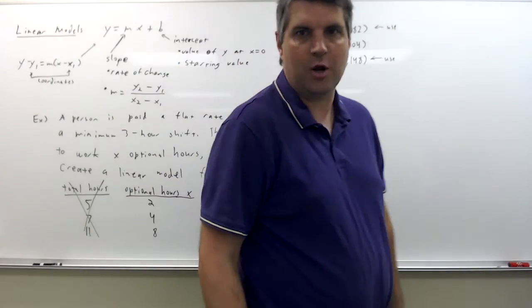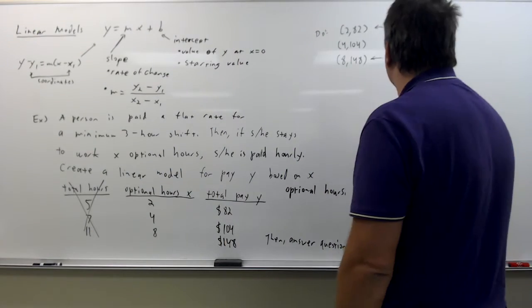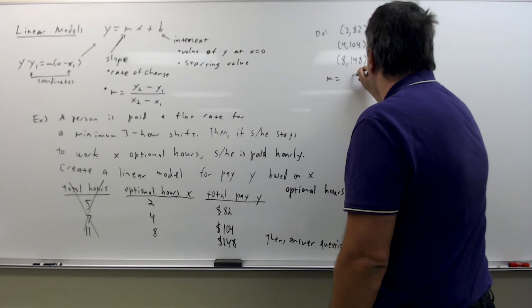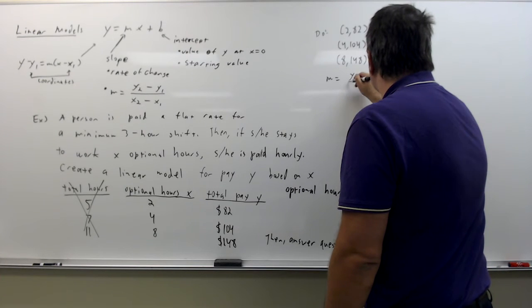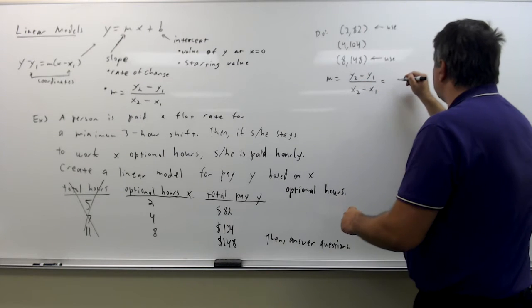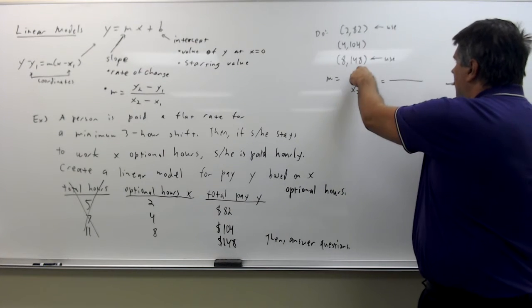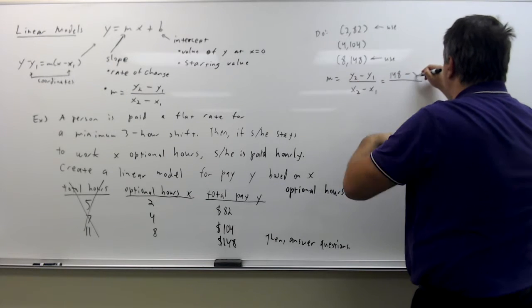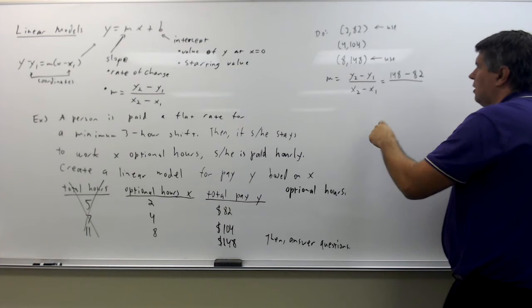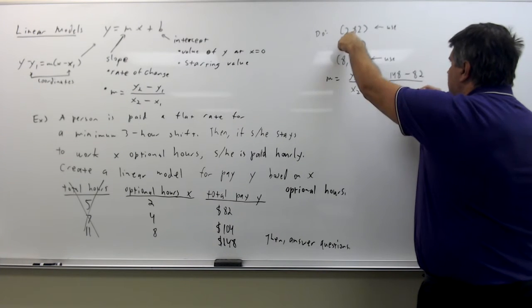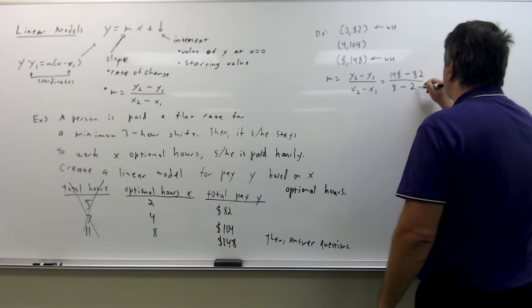So m equals y sub 2 minus y sub 1 over x sub 2 minus x sub 1. So that would be the second y that I'm using minus the first y I'm using, over the second x I'm using minus the first x I'm using.